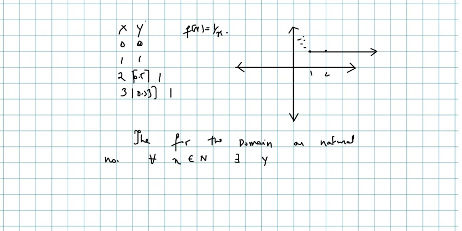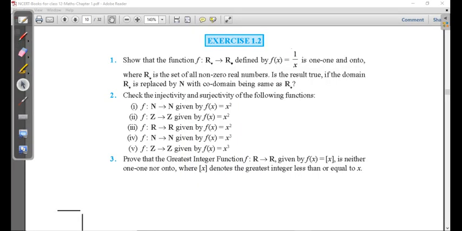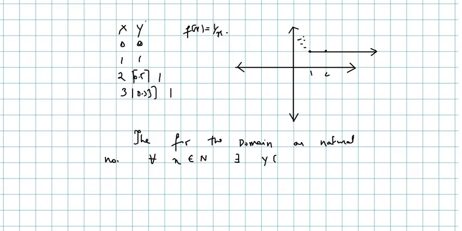Codomain is R, okay, y element of R minus 0. Hence one-one.